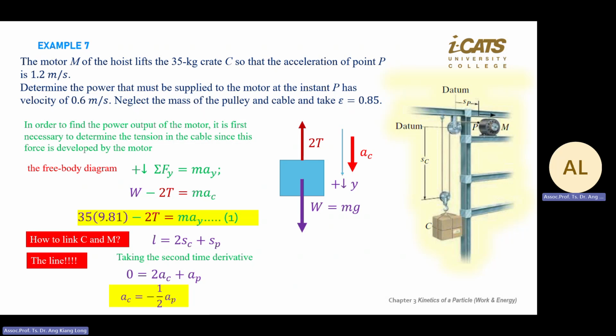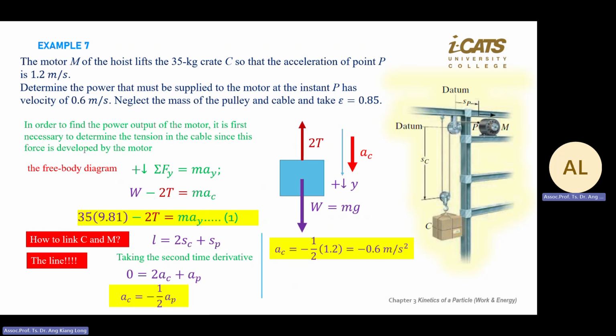Yeah. So when you have the relationship between AP and AC, between the two objects, you substitute, you know AP is given. AP is 1.2, given in the question. So you just substitute and you're able to find the acceleration of C. Once you find the acceleration of C, C is linked to the pulley, linked to the object, which is AY here in the first equation.